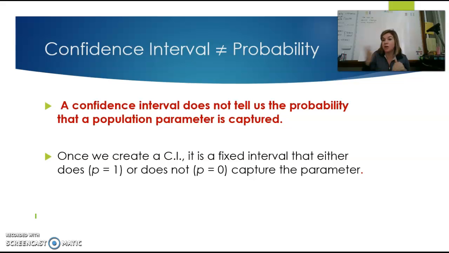Just like I either am or am not going to win the lottery tomorrow. I either am or am not going to work out when I get home from school. It's one or the other. It either does or does not capture that actual true value. So we're not talking about a probability here. We're just talking about our confidence that it's within this interval.